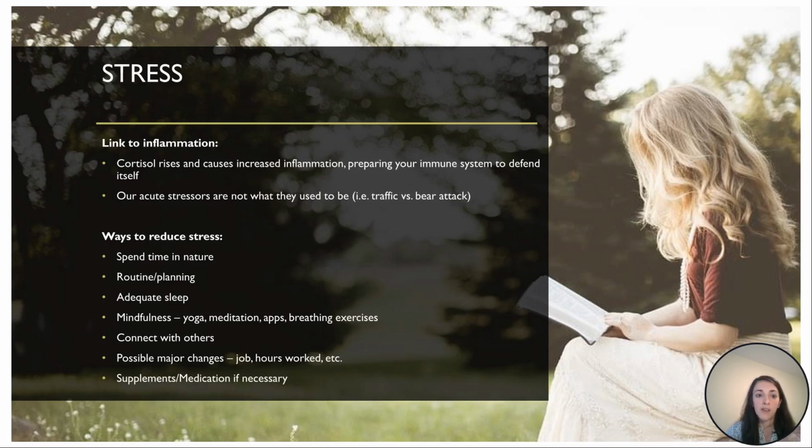Now, when you have chronic stress, your cortisol levels might be doing different things. It might be chronically elevated, which is often associated with more weight gain in your central trunk area, your abdomen.